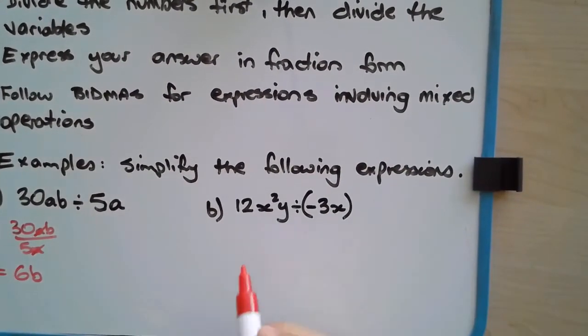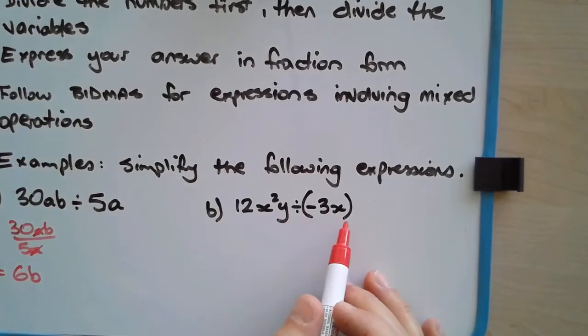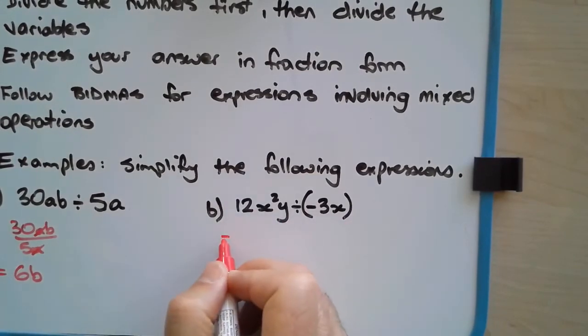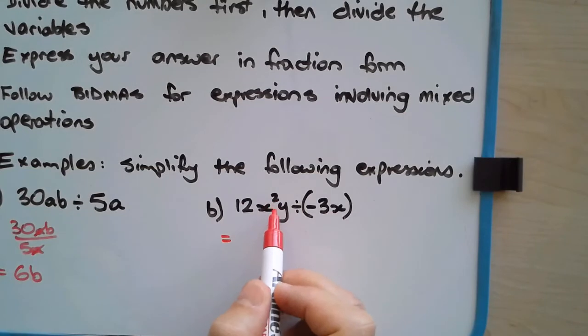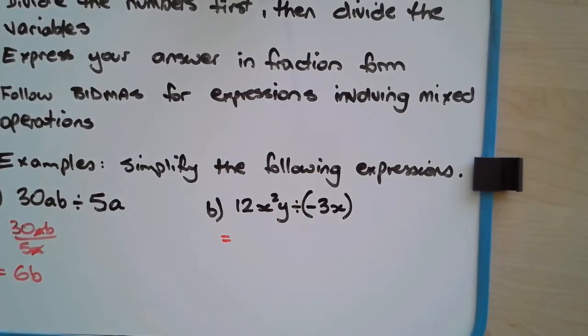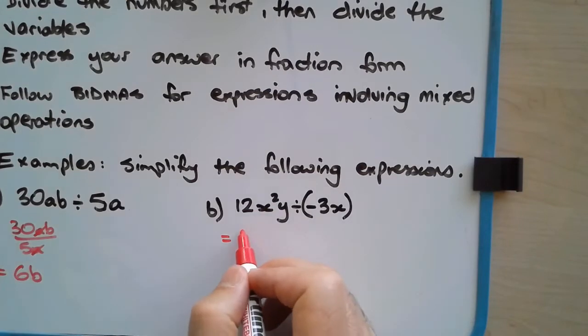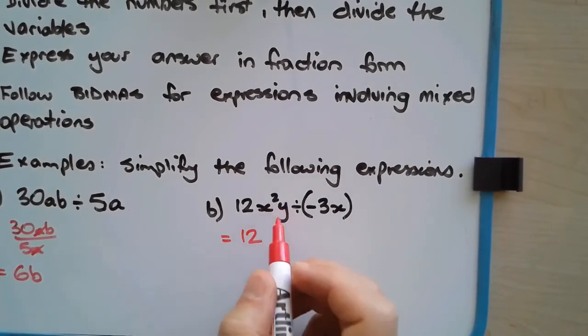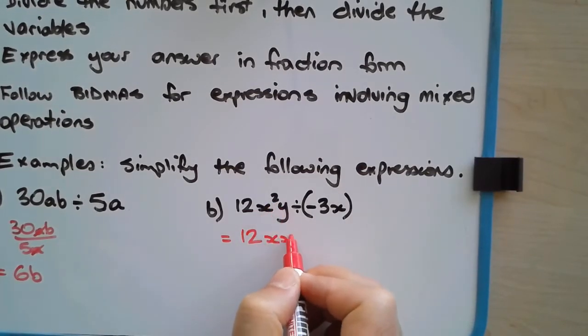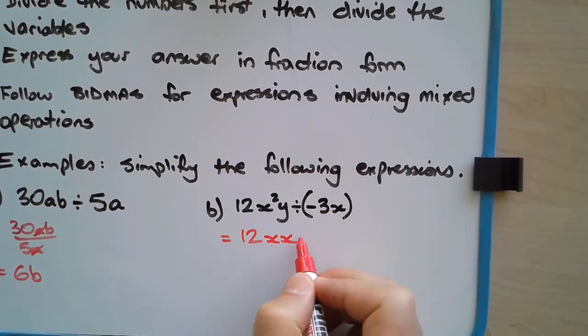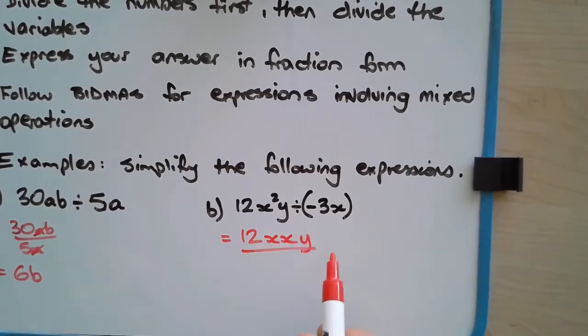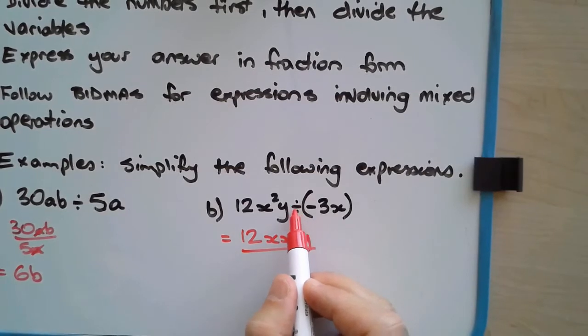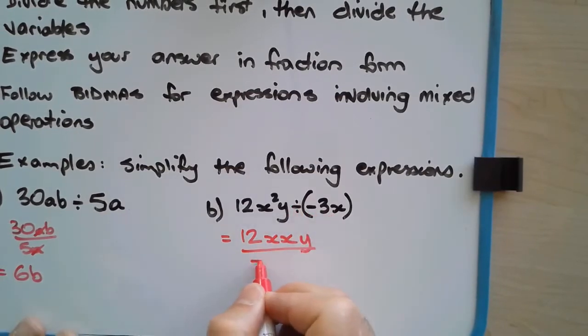Let's have a look at part B. 12x squared y divided by negative 3x. What I'm going to do with this one is expand the x squared, and again, it's just going to make it a little bit more apparent as to what I'm going to do next. So rather than writing it as x squared, I'm going to write it as x times x, so just x x y over negative 3x.